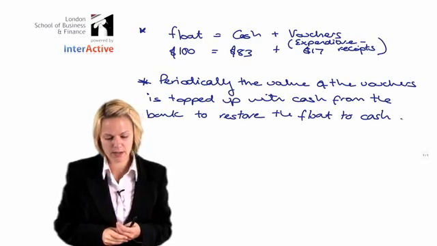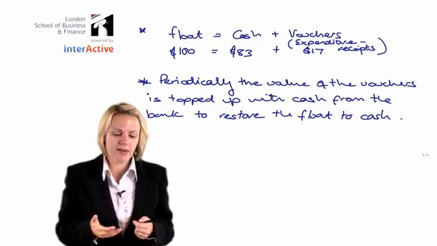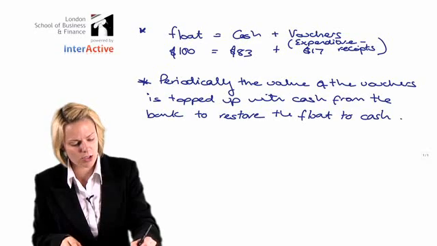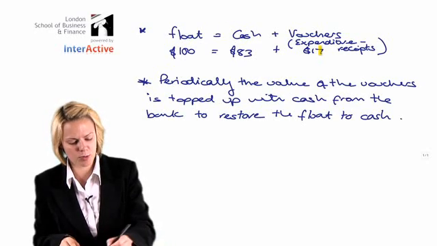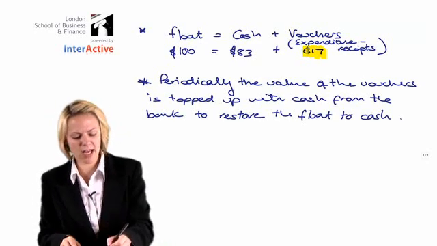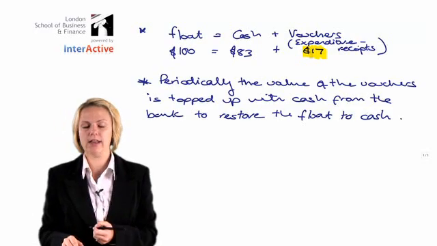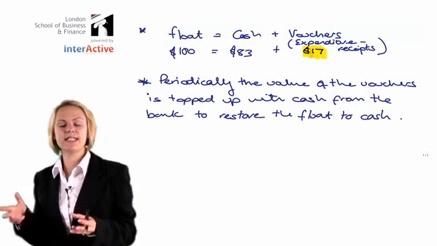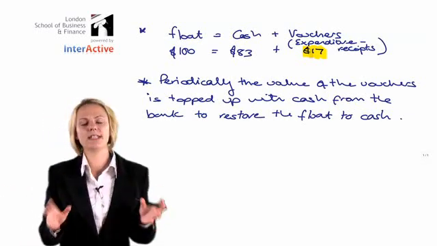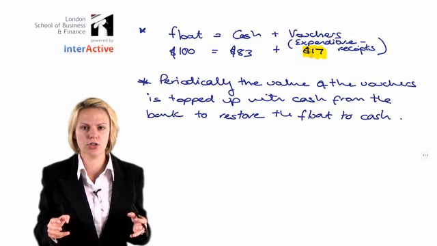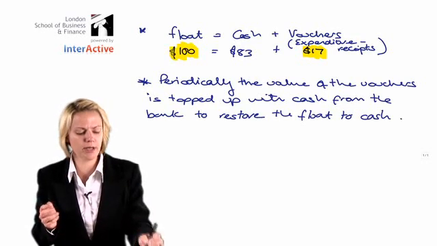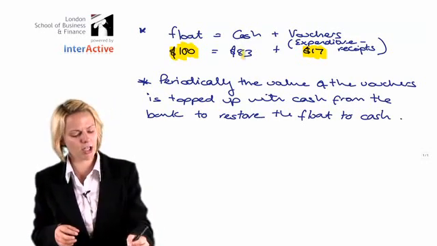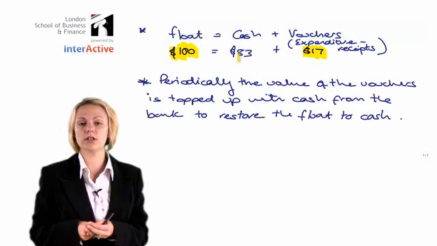So, at the end of each month, let's say, the total expenditure that we've paid out, which we said was 17, that's how much we're going to withdraw from the bank. So what you would do is credit your bank account with 17 and debit and put $17 into petty cash, which means your float will still be 100, but then your cash would also be 100.